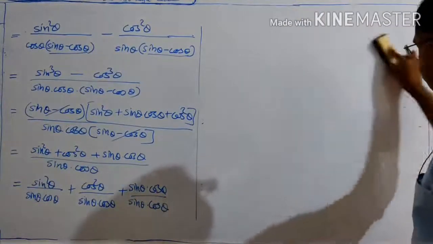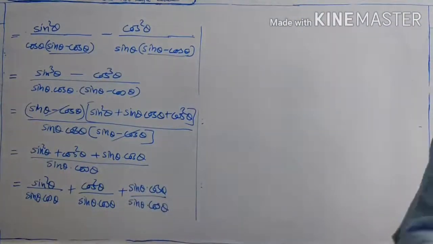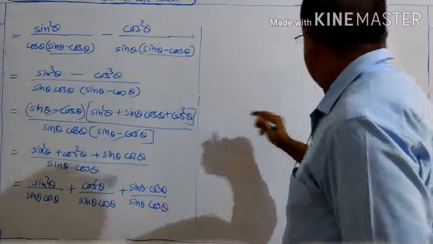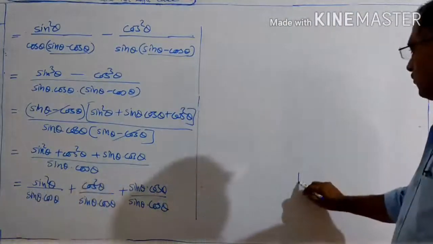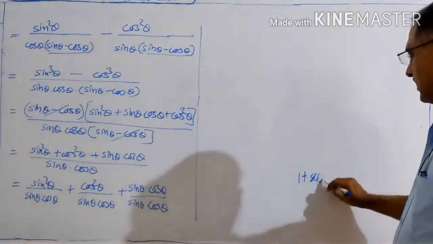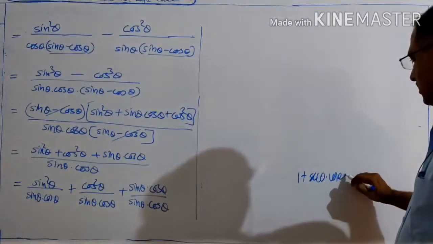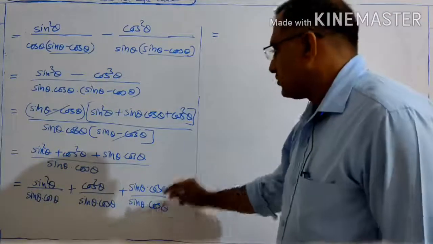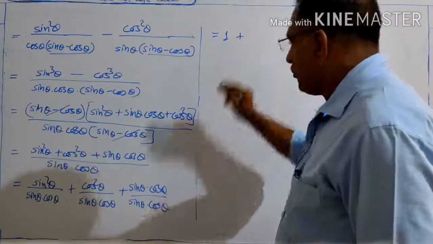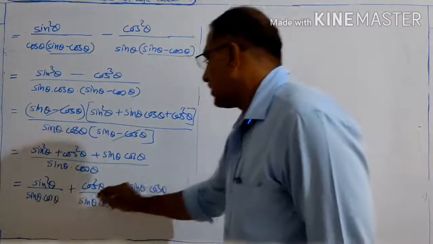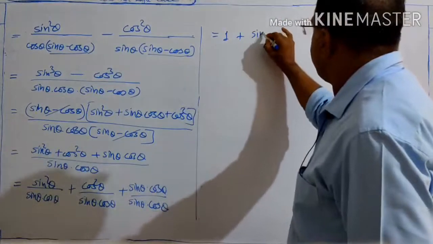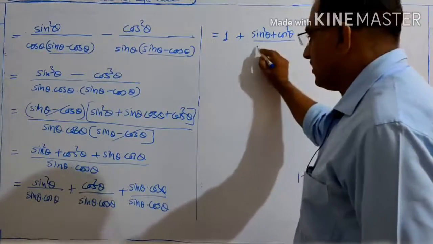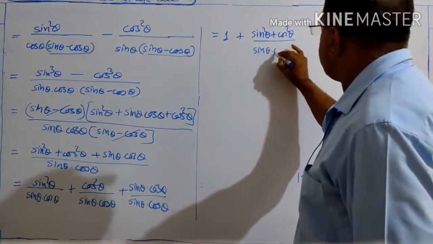our requirement is 1 plus sec theta into cosec theta. So for this we will get 1 here, I am writing this part as 1, and for this we can write it like this also, sin square theta plus cos square theta whole divided by sin theta into cos theta.